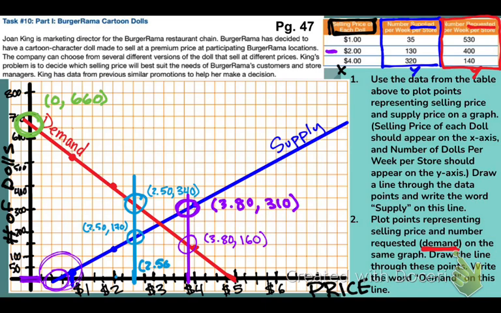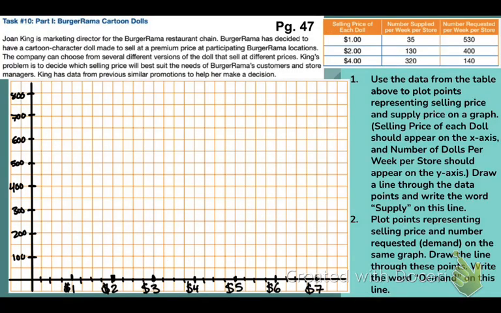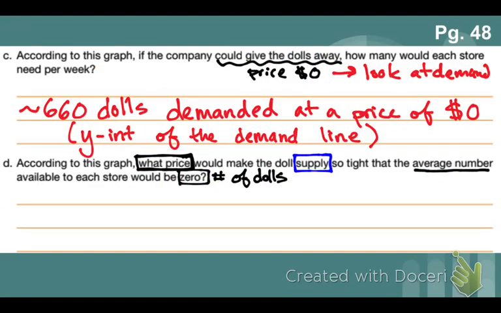Looks like maybe 75 cents. It's kind of in between those two lines. So about 75 cents per doll means that there's no dolls supplied.